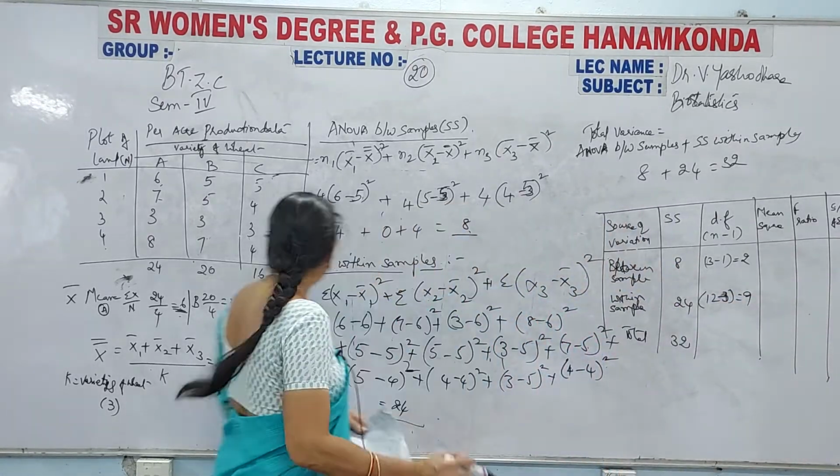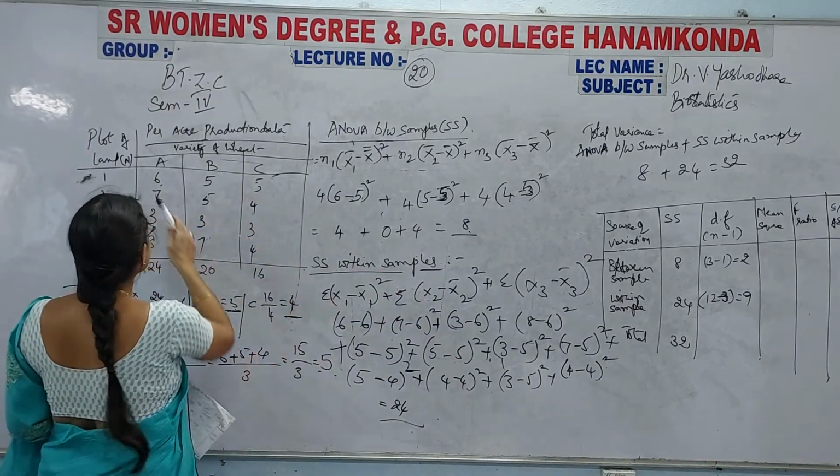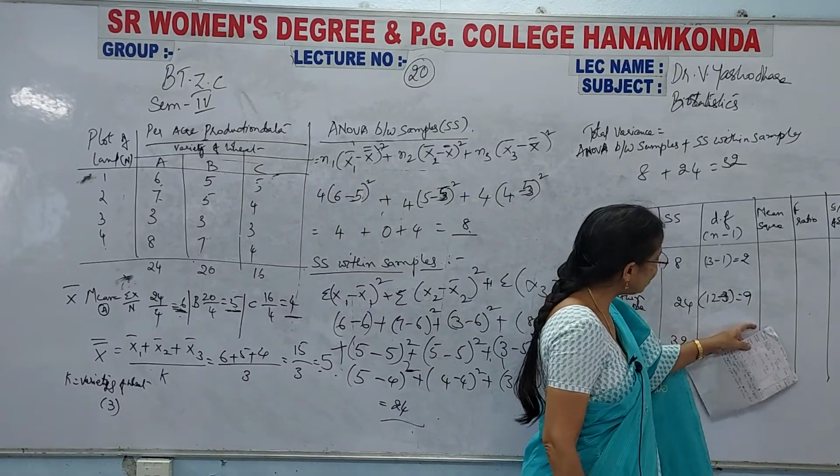What is 12? 12 is 4 4 4 12 and number of varieties is 1 2 3. So 12 minus 3 is equal to, you got 9.